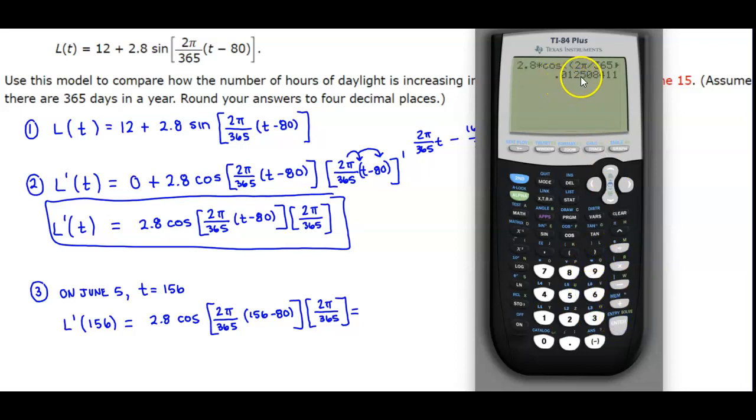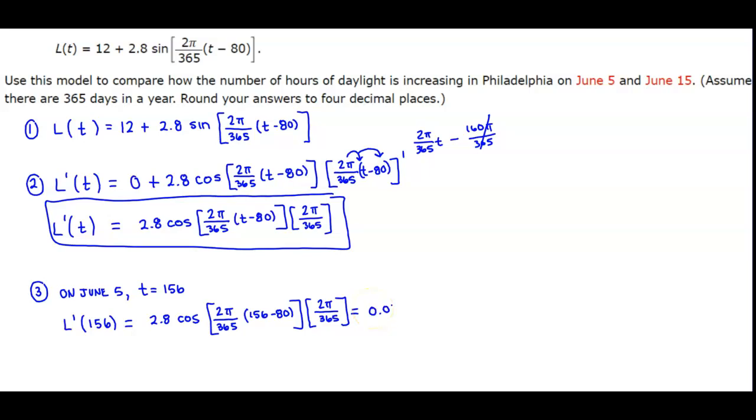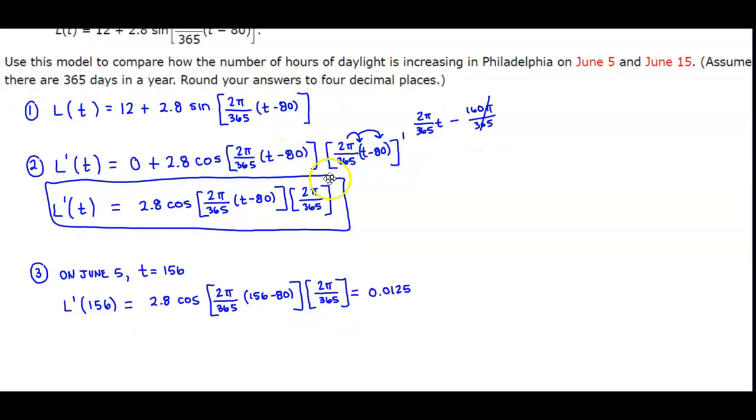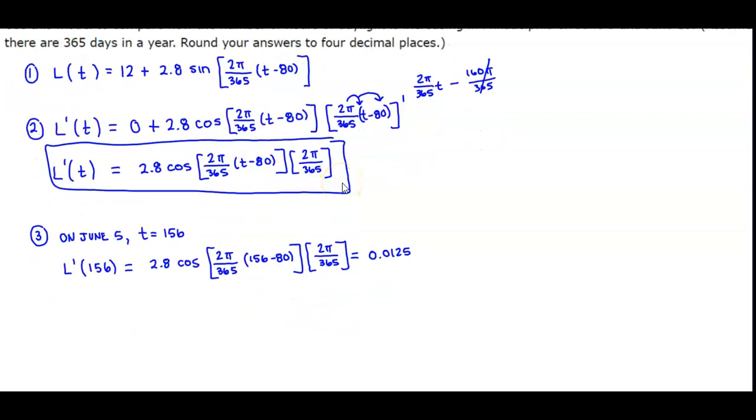Rounded to 4 decimal places, we get 0.0125. And that is how many hours per day.